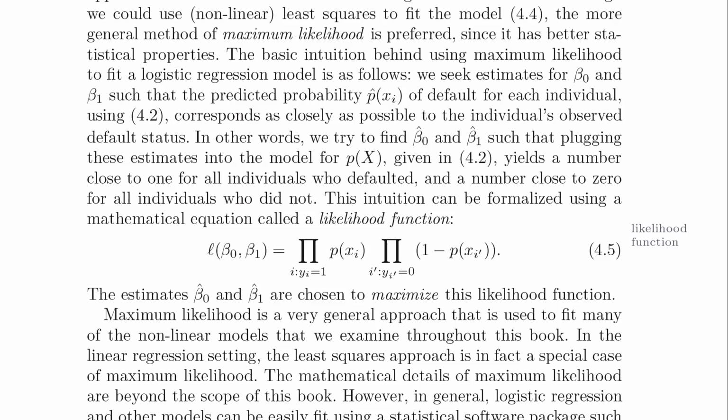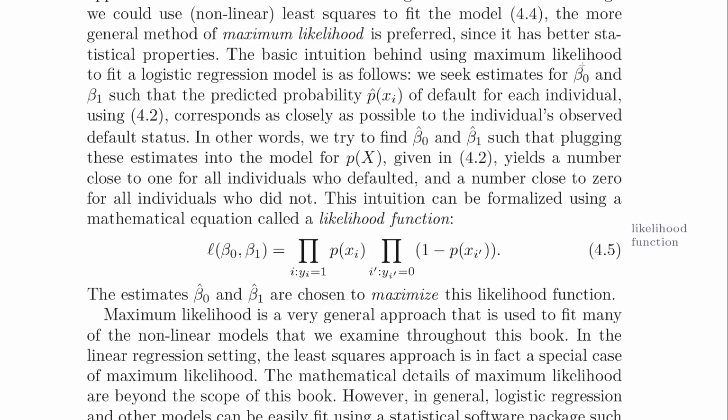I think we're going to look at things like the bias in the estimator. The basic intuition behind using maximum likelihood to fit a logistic regression model is as follows. So let's have a look. It's probably worth spending some time on this.